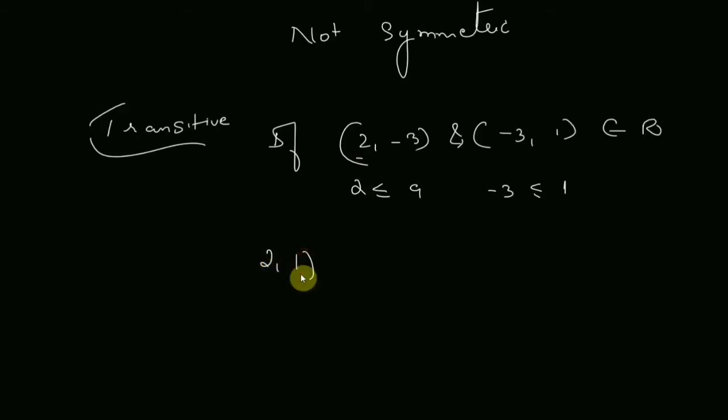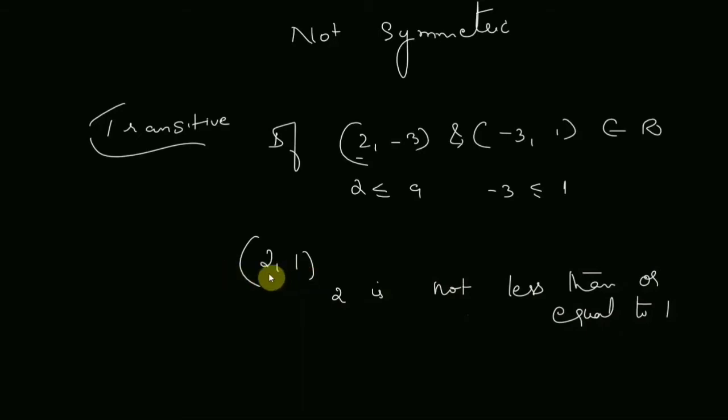Now we have to check whether (2, 1) belongs to R. So 2 is not less than 1 squared. Just square the second number, so you get 1. Is 2 less than or equal to 1?